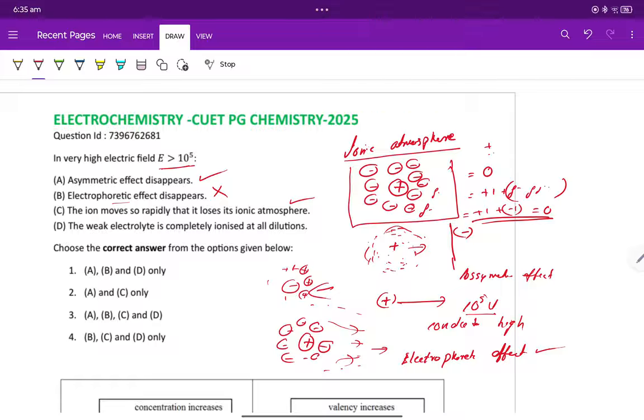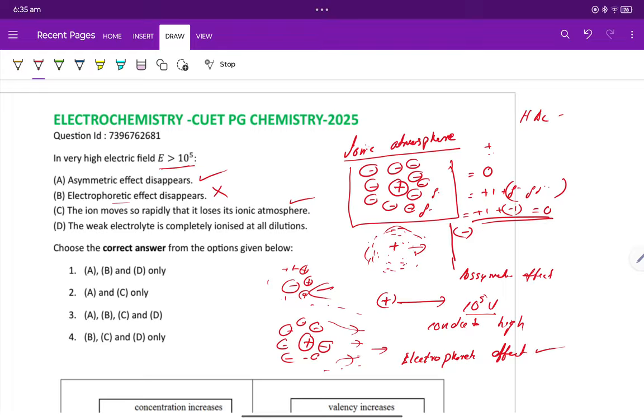Now the last one, the weak electrolyte is completely ionized at all dilution. It is a very unambiguous one, because a weak electrolyte like acetic acid, HAc, will not be ionized at all dilution.